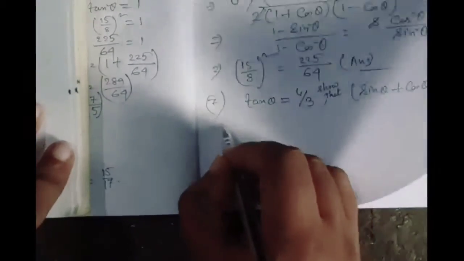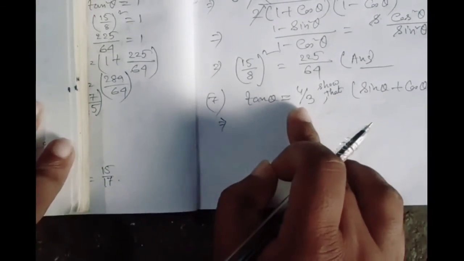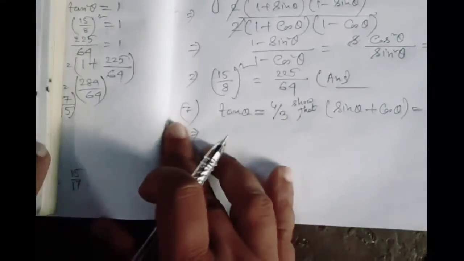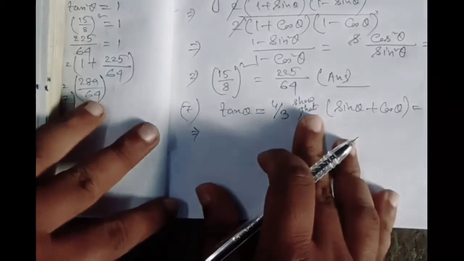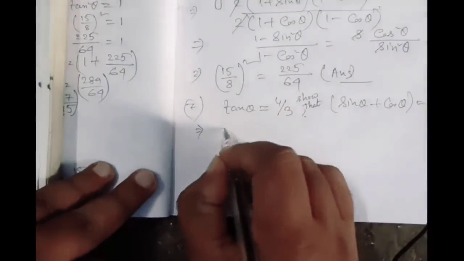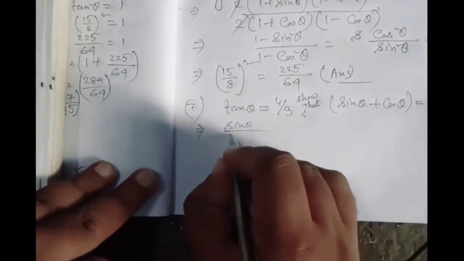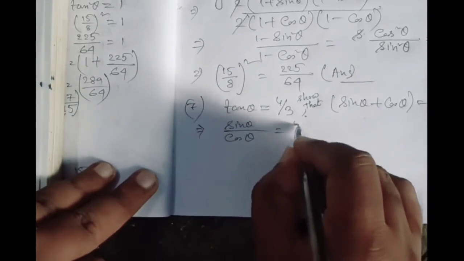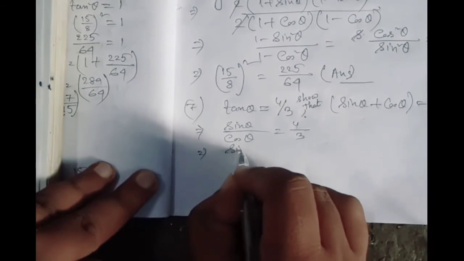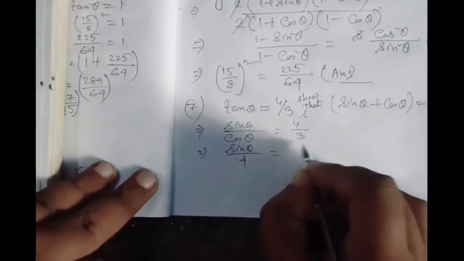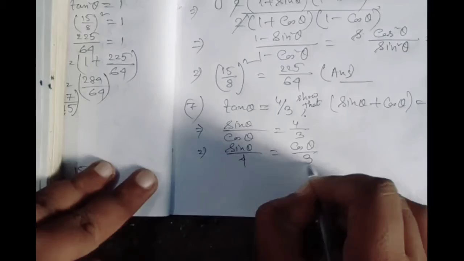Now tan theta is equal to 4 by 3, so obviously sin theta by cos theta is equal to 4 by 3. Sin theta by 4 equals cos theta by 3.